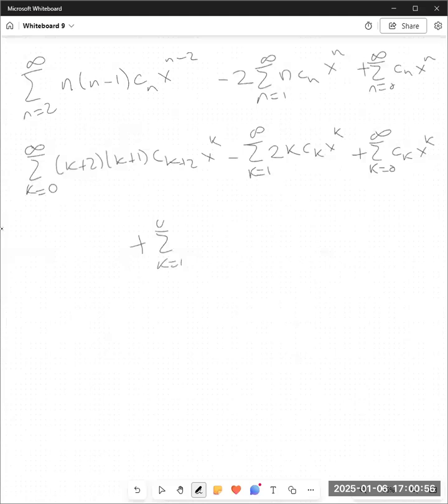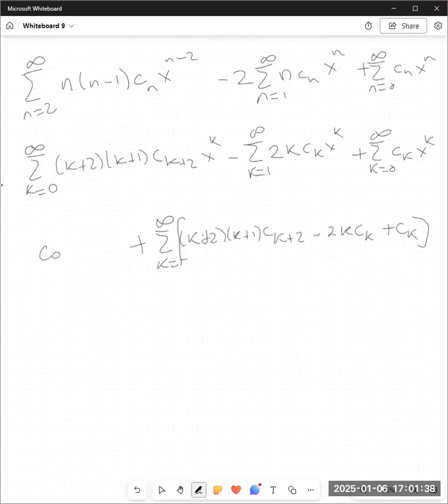K equals 1 to infinity, and write this part, (k plus 2)(k plus 1) c_(k plus 2), and then minus 2k c_k, and then plus c_k.